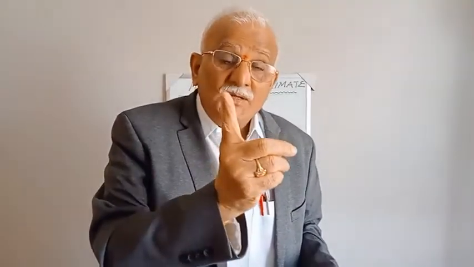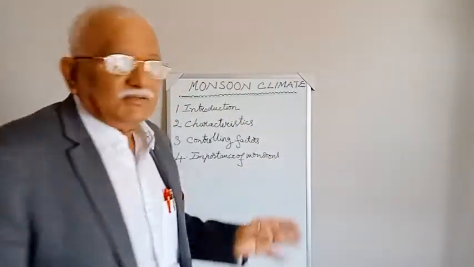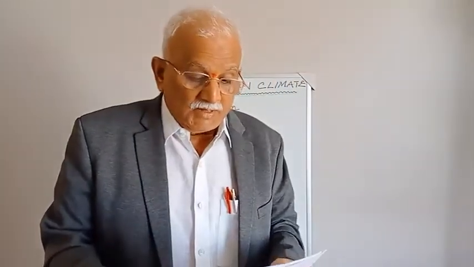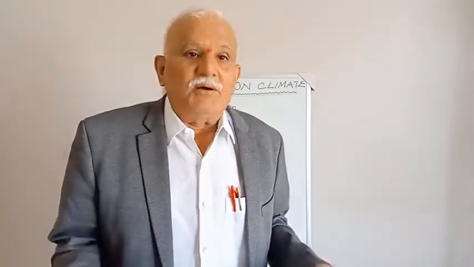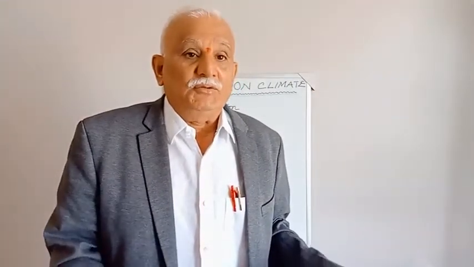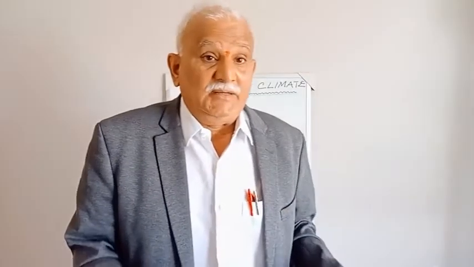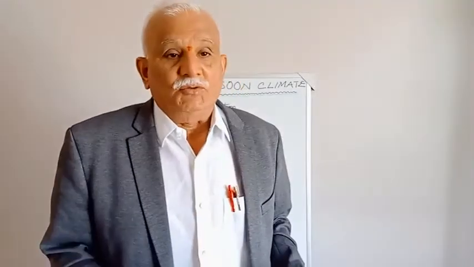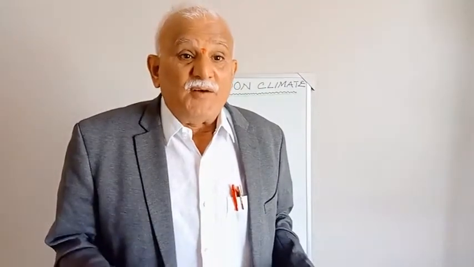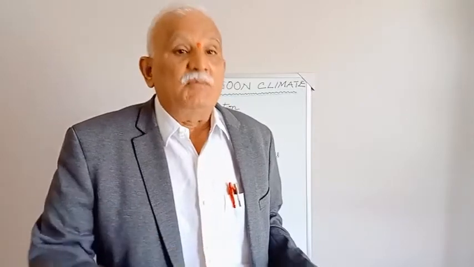The monsoons control the climate of India, and as I said, the importance of monsoons: the agriculture depends upon the Indian monsoon. The livelihoods of more than 60% of the Indian population, 60% of 130 crore population, depend on the monsoon. 15% of the GDP comes from the agriculture, which depends upon the monsoons.